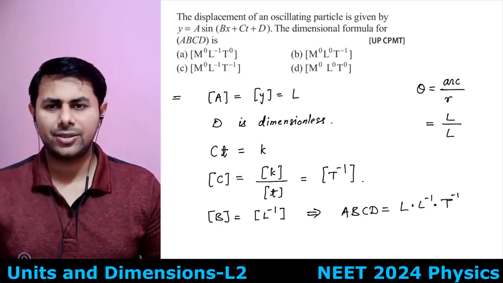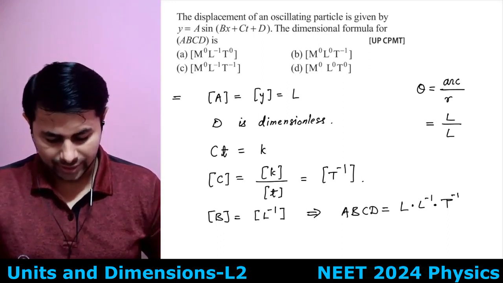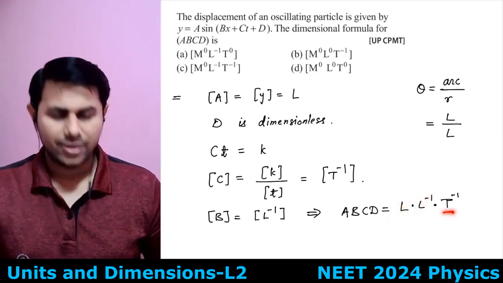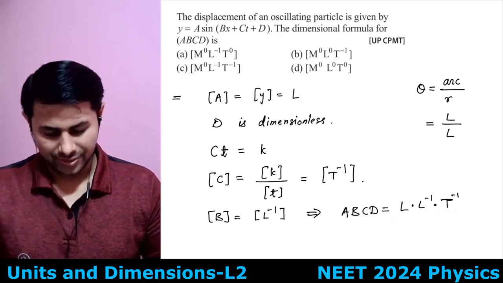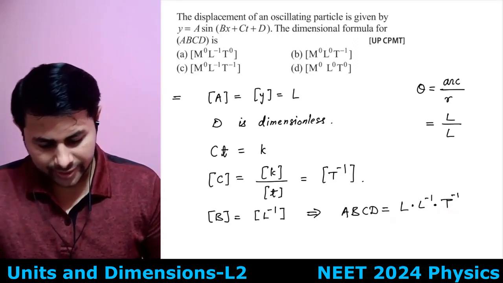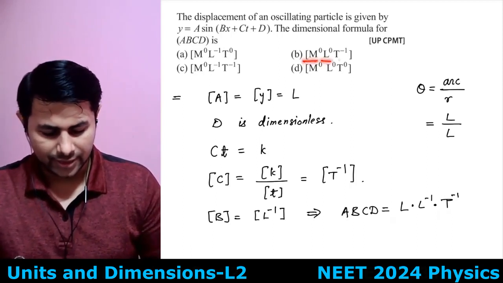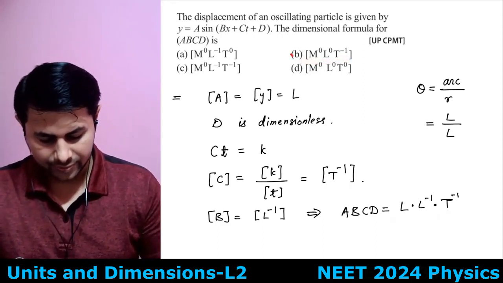The L terms cancel out and we are left with T inverse. So which option? Option B, M0 L0 T raised to minus 1. So this is the answer.